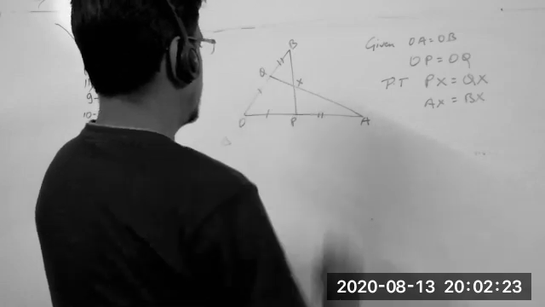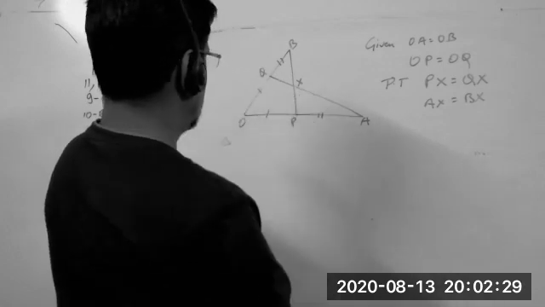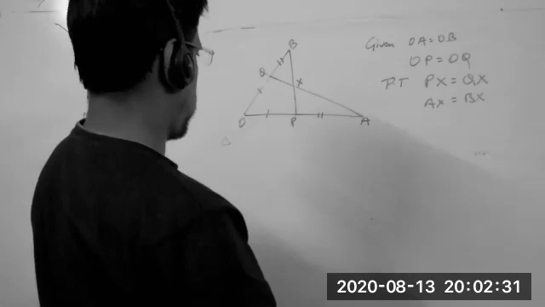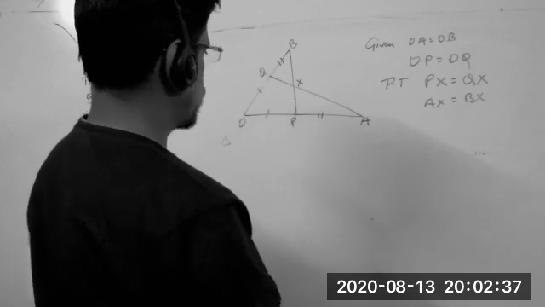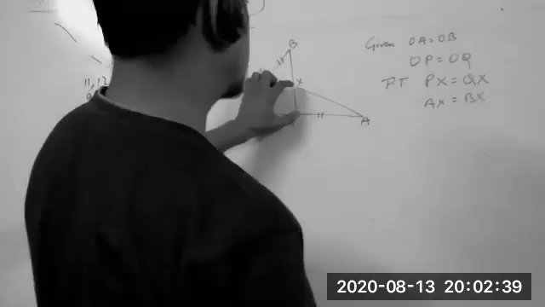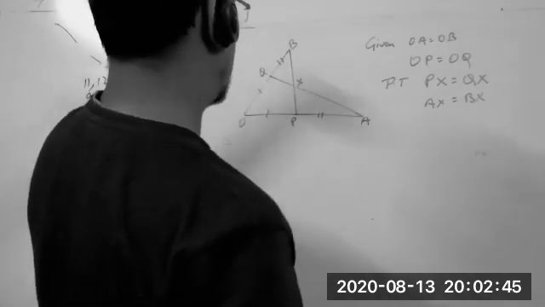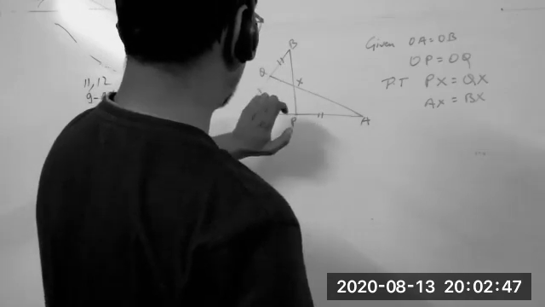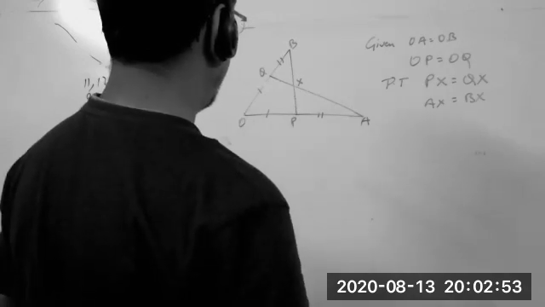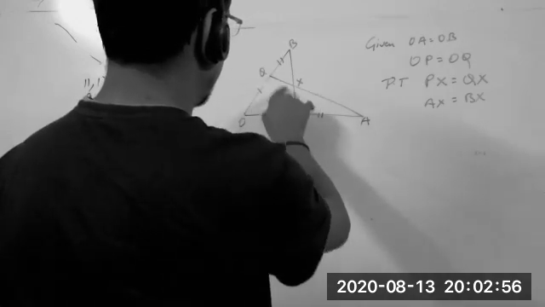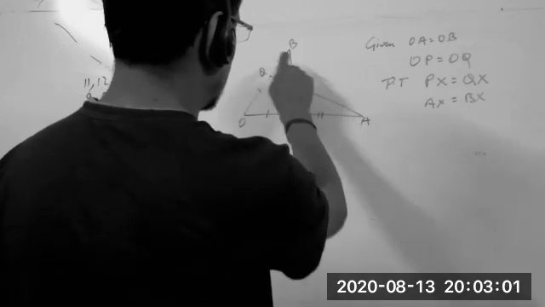So can I tell? No, wait. This is common. PX and QX. Okay, and this one and this one. This triangle is this cut done, and this we have to prove is equal to this angle. Which all angles? This is not given.